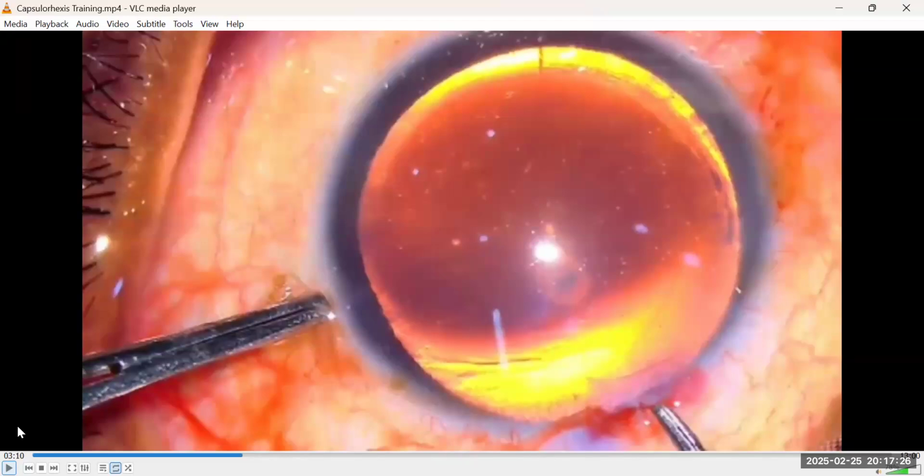Whenever rhexis is started, there is usually initial loss of visco. Now, when you drop your hands, it's going to depress the posterior lip of the tunnel, so more visco will be lost. When the supporting Colibri is putting undue force on the globe, it will dimple, which will also lead to further loss of visco.